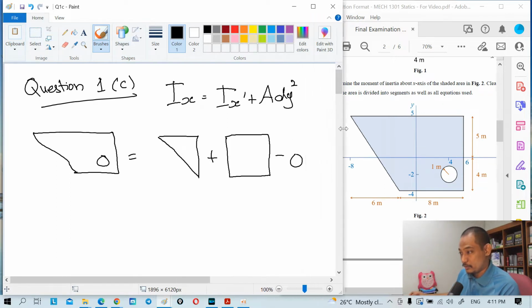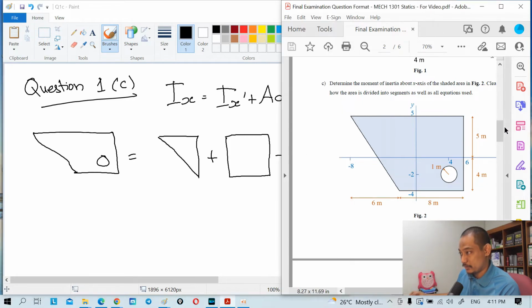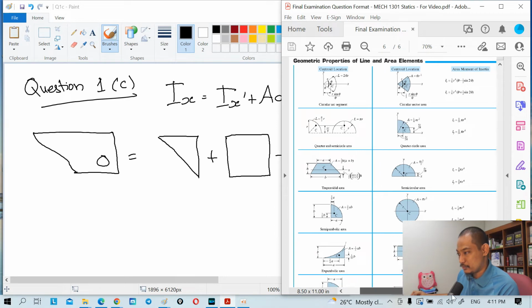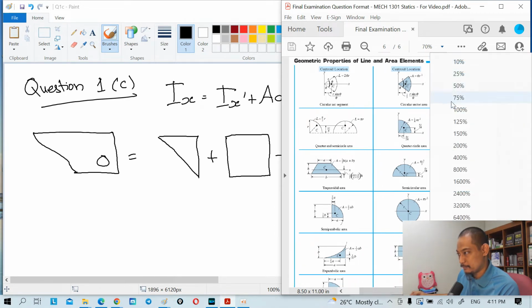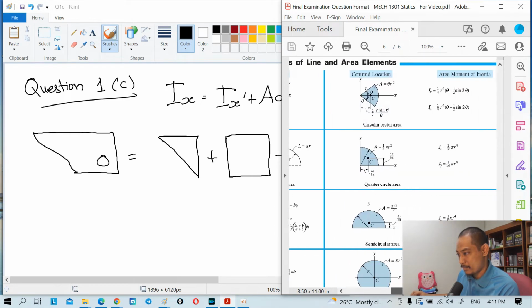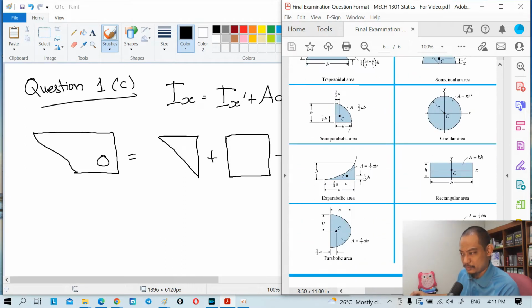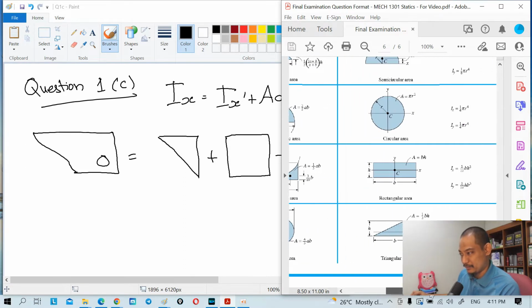So let's take a look at the table. Where is the triangle? Normally you should already know, it depends whether you memorized or not.